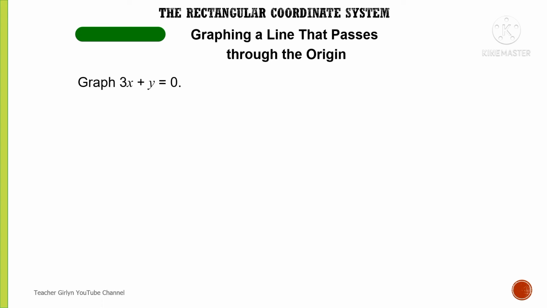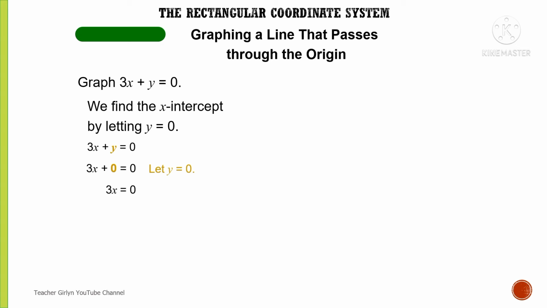Graphing a line that passes through the origin. Graph the equation 3x + y = 0. We find the x-intercept by letting y = 0, substituting the value of y, which is 0, into the equation, then solving. The answer is x = 0. The x-intercept is (0, 0).